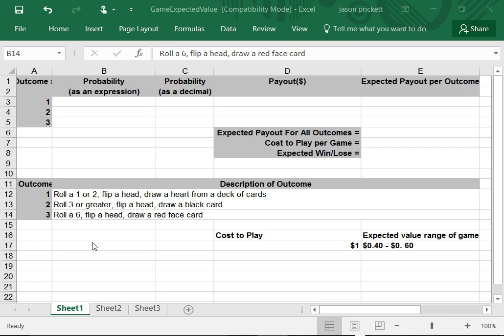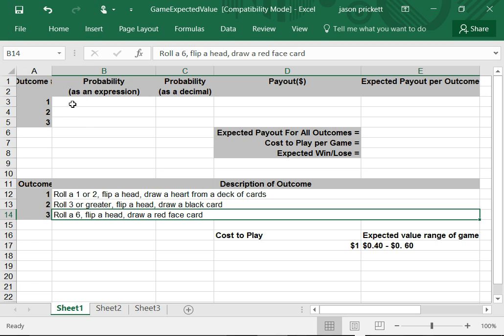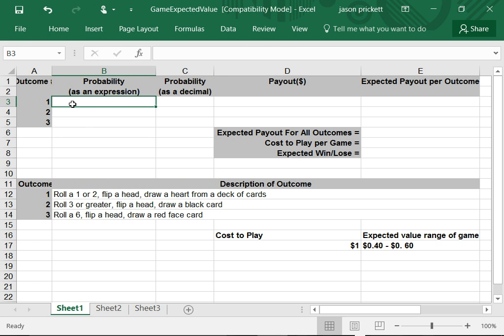So what's the probability of actually that happening? Well, because these are all independent, we multiply them all together, and we know that rolling the 1 or 2 is just simply 2 out of 6 possibilities for rolling a die. So when you go to write the probability as an expression, we just put the equals sign before anything that we show. It's almost like showing our work in a math problem.